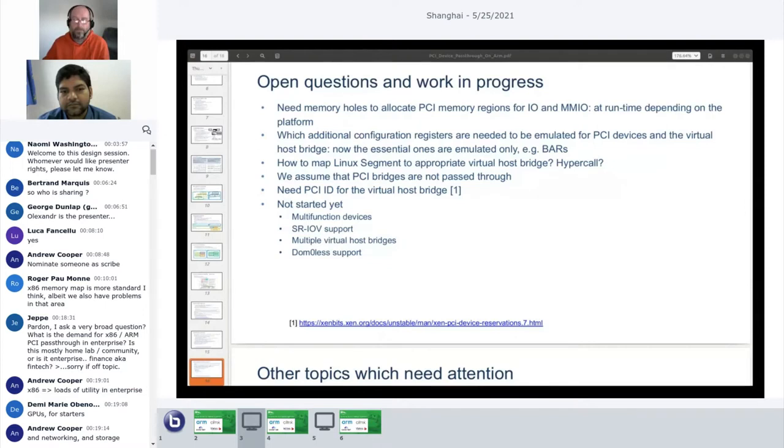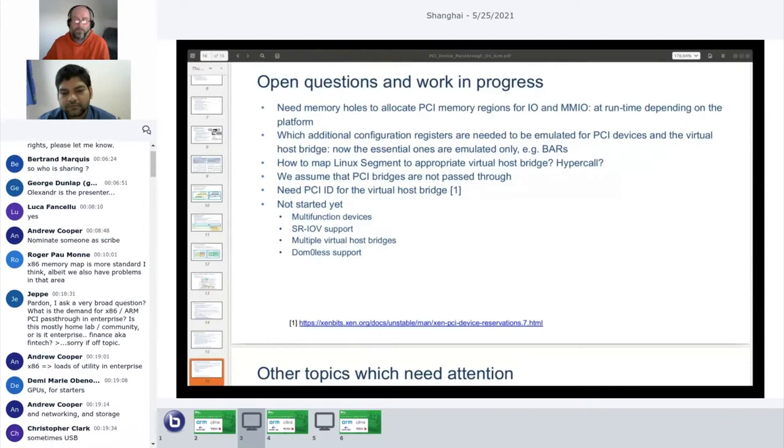It does sound to me like this is something that would be configured very early in the domain's life cycle and be fixed very early in the domain's life cycle. Now, this isn't necessarily so.